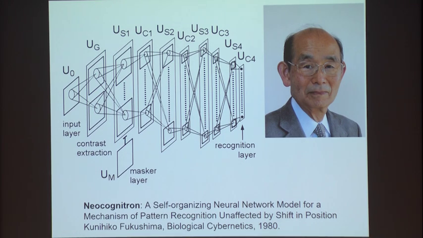So based on that, Fukushima came up with this architecture where you have an input image, and then different layers of these convolutional filters.